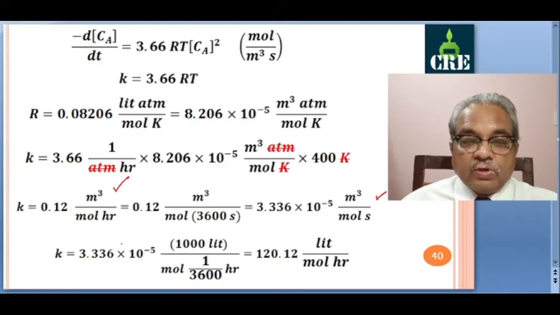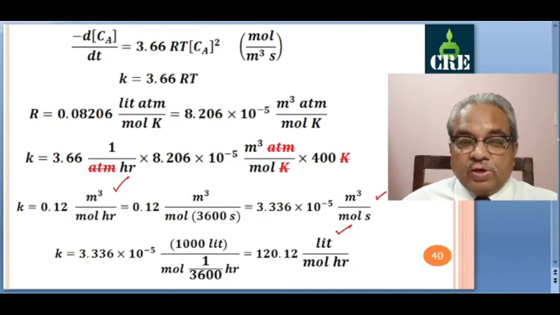And if you want to express this value in terms of liter per mole per hour, this has to be multiplied by 1000. So it will be 120. I have truncated the decimals to 3 places, so I get some minor change in this value; if you carry all the decimals, you will get exactly 120.